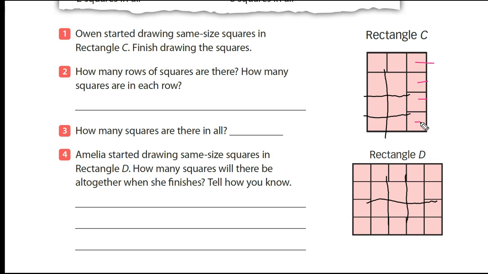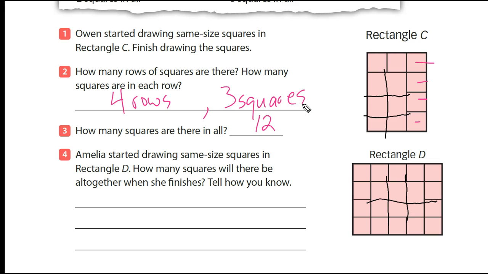If you go up and down, those are columns. I want how many rows. So there are 4 rows. And then how many squares in each row? 3 squares. So then how many altogether? 12, because 4 times 3 is 12. 12 squares.